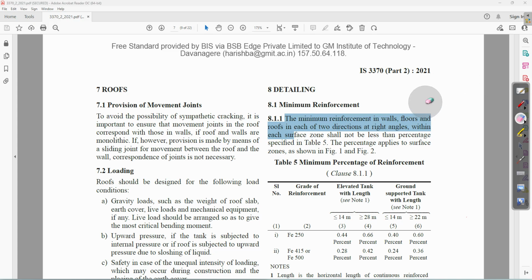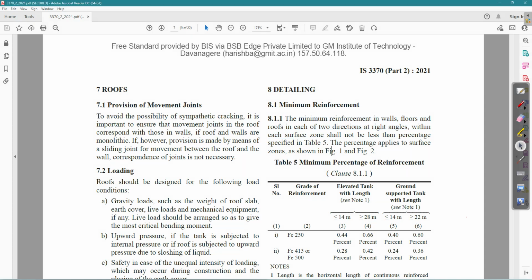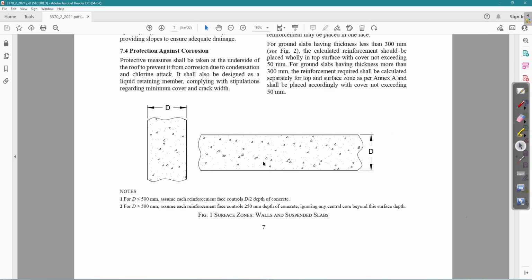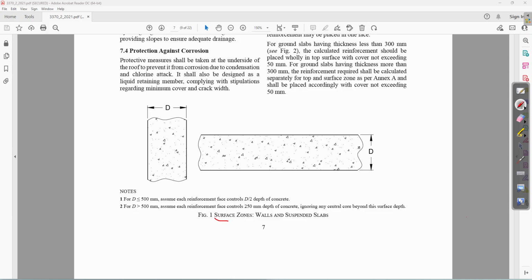What is surface zone? See here, to understand the surface zone, again you need to refer figure 1 and figure 2. So for this figure, surface zone for walls and suspended slabs. See here, for depth less than or equal to 500 mm, assume each reinforcement face controls D by 2 depth of concrete.